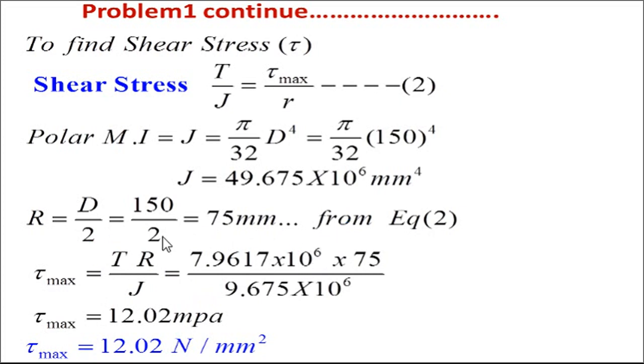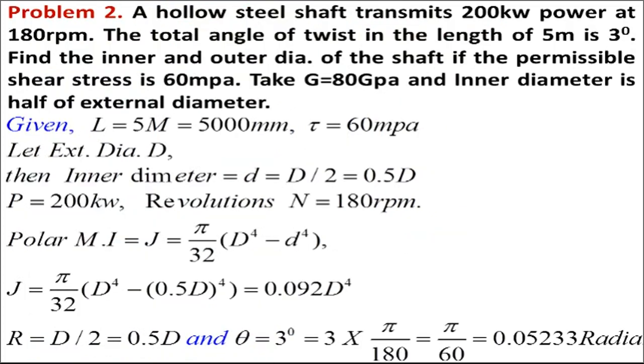So tau max will be equal to T by J into R. J is the denominator here, it will be the numerator when I take it to the other side. After putting all the values of T, R and J, I will get the answer. Tau max is 12.02 MPa. MPa means what? Newton per mm square. So this is the maximum value of shear stress.